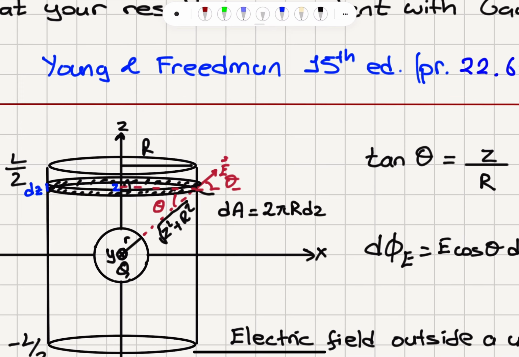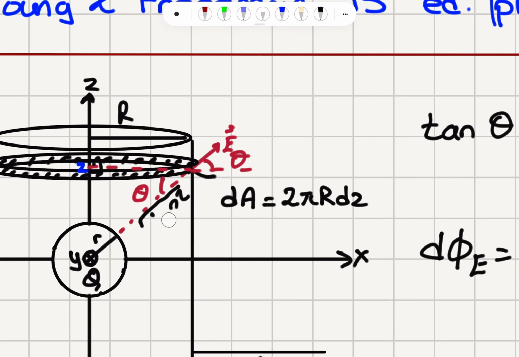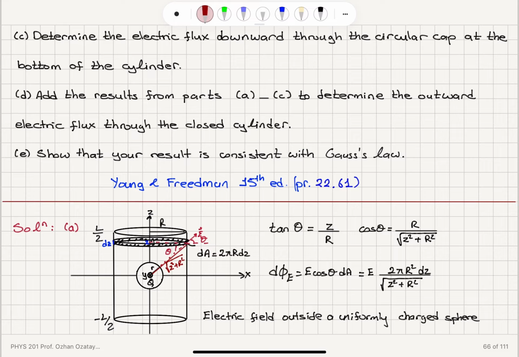So let's make sure that we don't confuse that with capital R. This total distance here is basically the square root of z square plus R square.